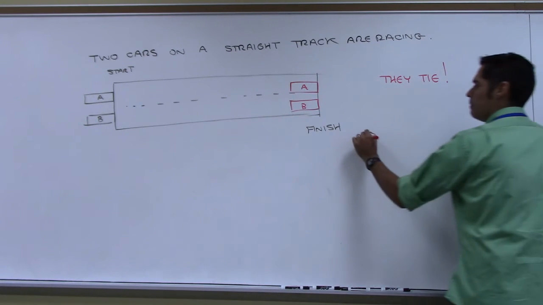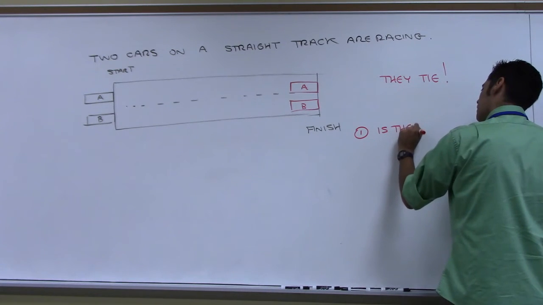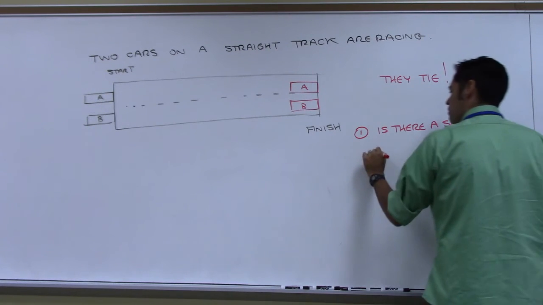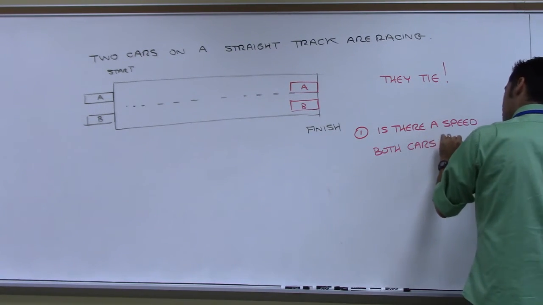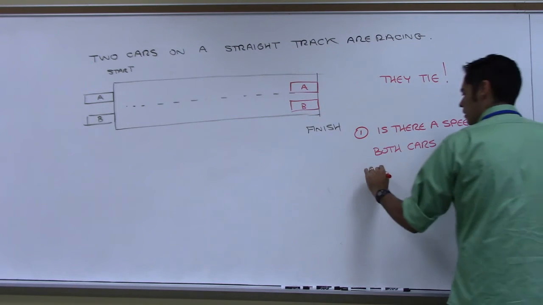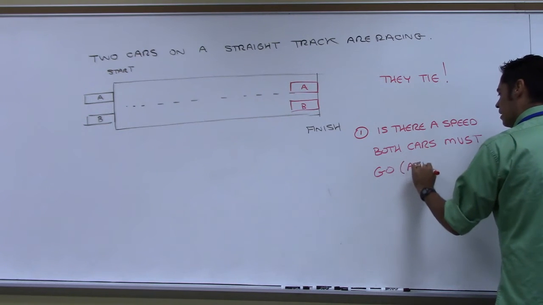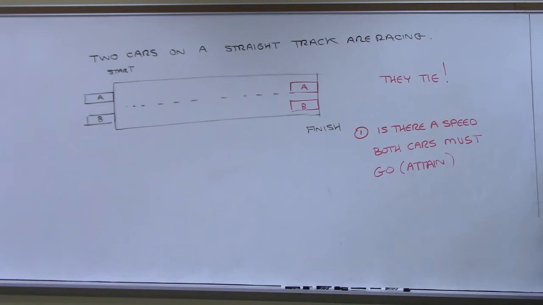First one. Is there a speed both cars must go? I hope that makes sense. I could use the word attain. Is there a speed that they both reach, attain? Is there a speed that both cars, both of them, must attain?